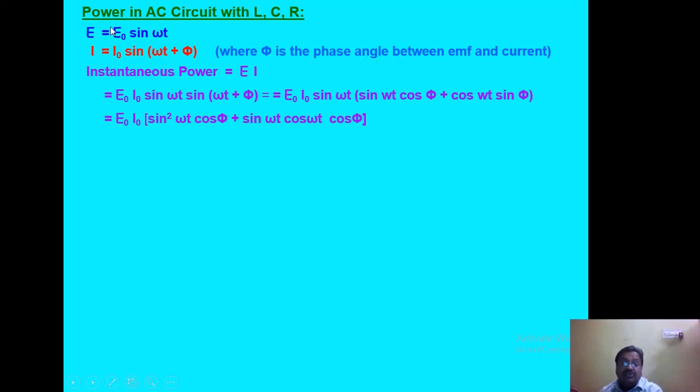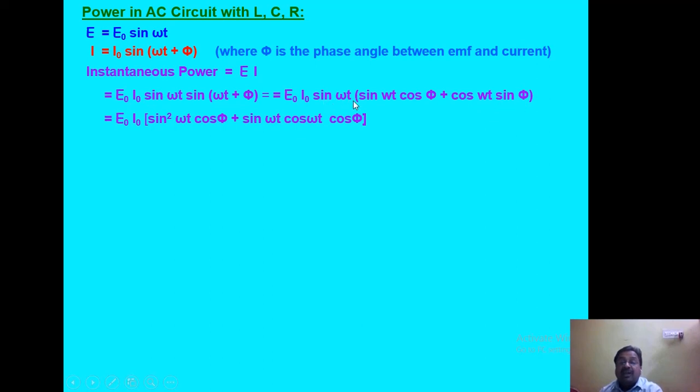So let us substitute this E and this I. Correspondingly, you will get E0 I0 sin omega t sin (omega t plus phi). Expand sin (omega t plus phi) in the next step. It is in the form of sin (A plus B), that is sin A cos B plus cos A sin B. Here it is sin omega t cos phi plus cos omega t sin phi.